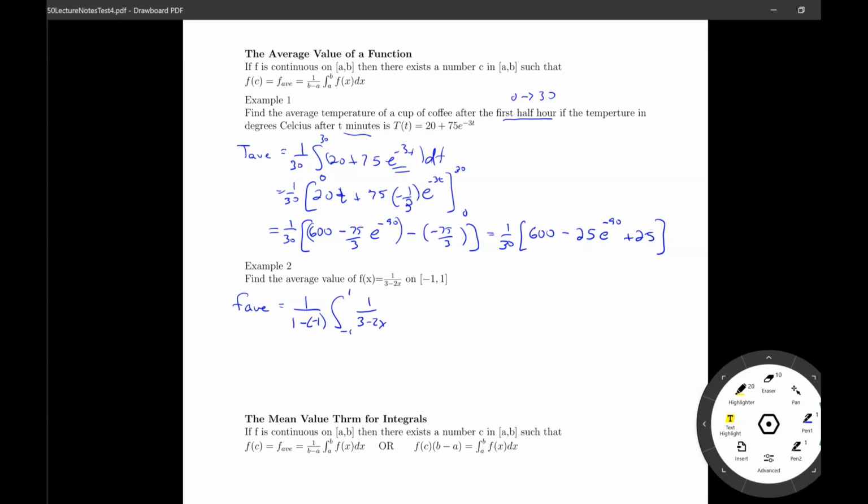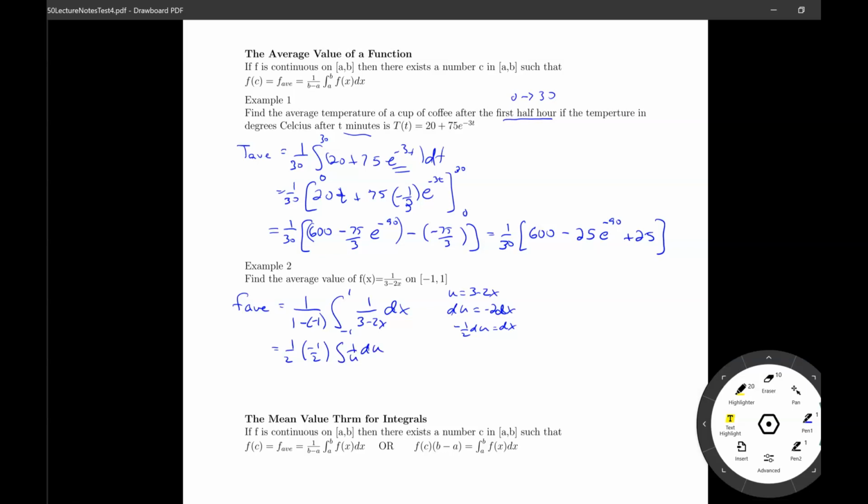And here I can see that I need to do a u substitution. So this gives me a 1/2 out on the front. If I do u equals 3 minus 2x, du is negative 2 dx, so negative 1/2 du is dx. So I get another negative 1/2 out here, 1 over u du.